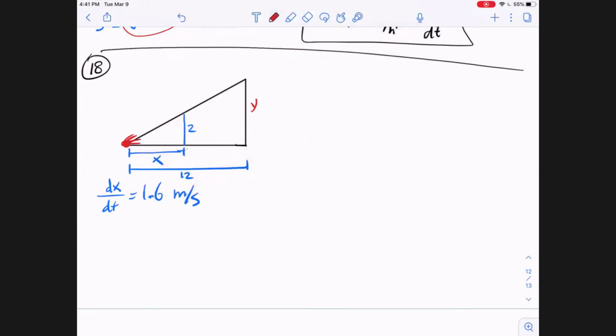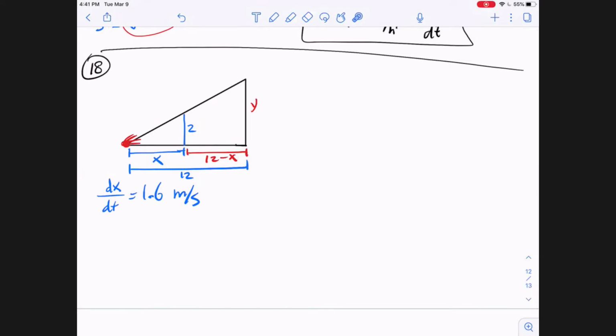So what would this distance be then from where the guy is to the wall? 6. 6? Where'd you get 6 from? I don't know. 12 minus x? Yes, 12 minus x. Because if this is x and this whole thing is 12, it would be 12 minus x.